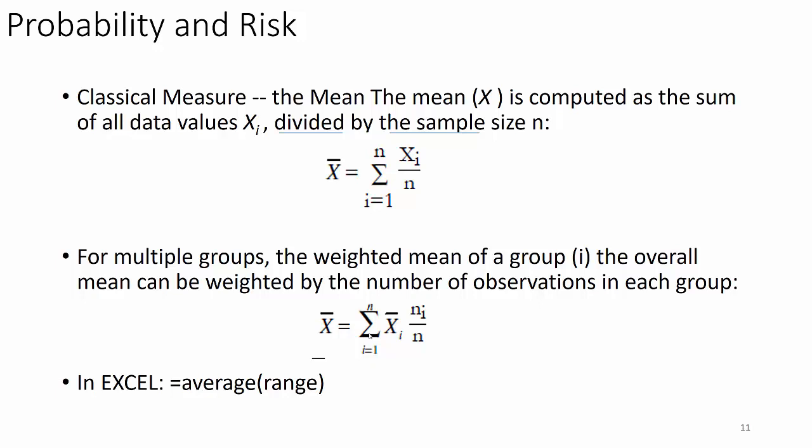So if you have clusters of groups, say you have 30 observations in one stream, 50 observations in another stream, 20 observations in another, you can take the mean of those and you can weight them based upon the ratio of observations. In Excel, this is just simply average over the range, and you could do that manually for the weighted means.